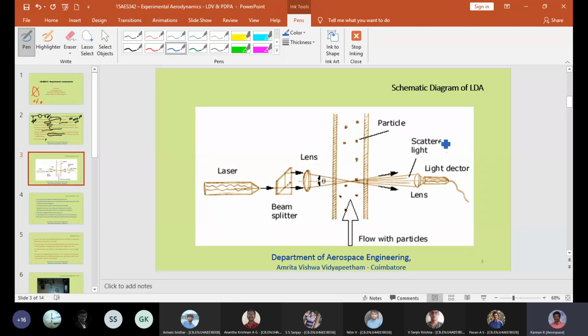One beam goes straight to your light detector, and the other passes through your optics to the region of interest, and the scattered light is further captured with your light detector. So you can easily find out the velocity at the particular location, three components of velocity.